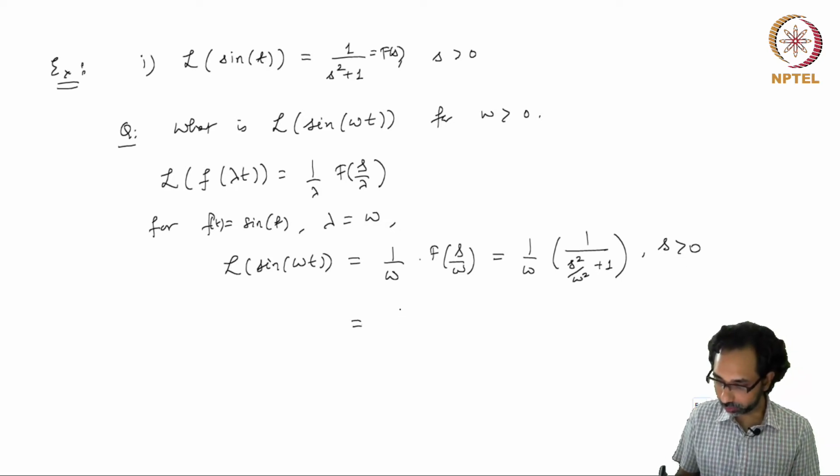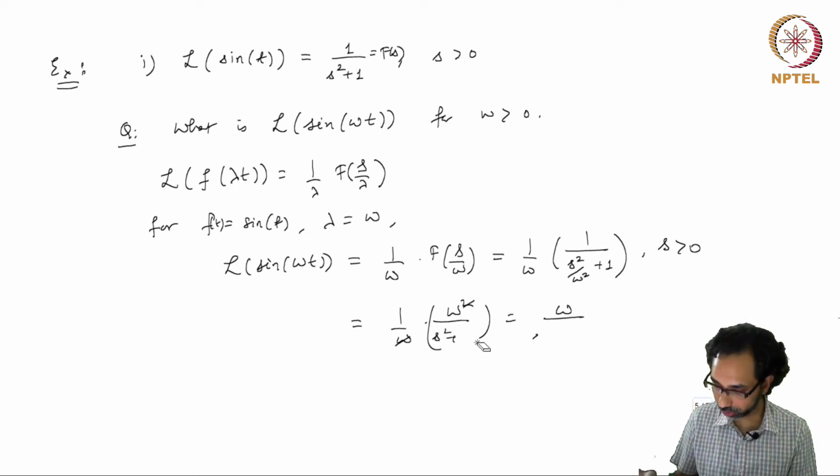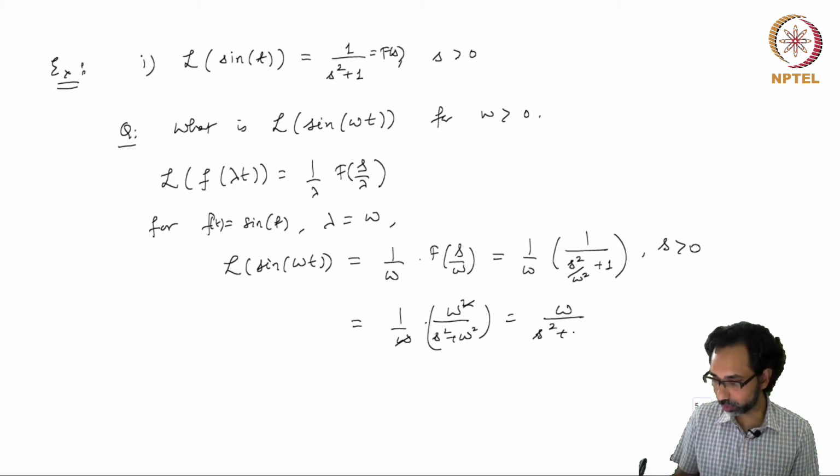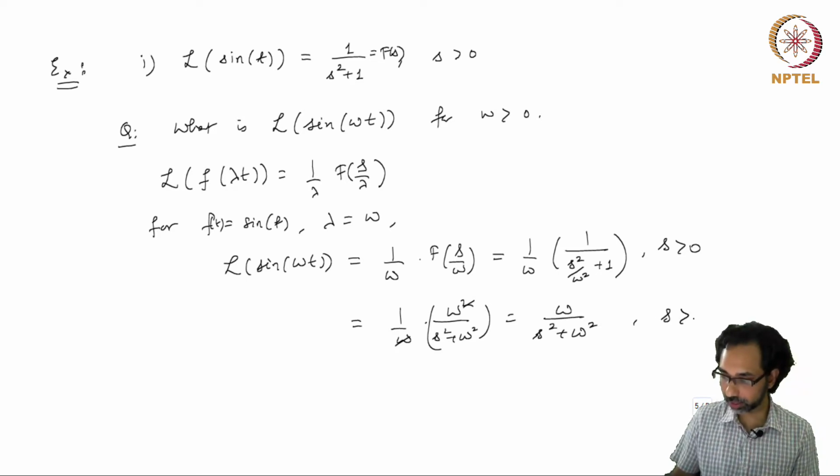So in the end you get 1 over omega square by s square plus 1, and one omega cancels out, so you get omega over s square plus omega square for s greater than 0.